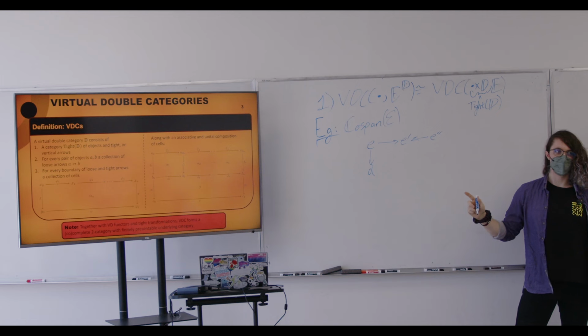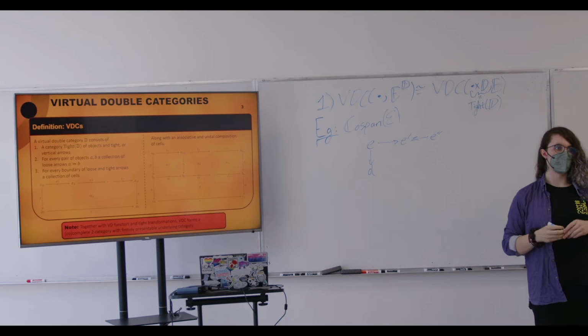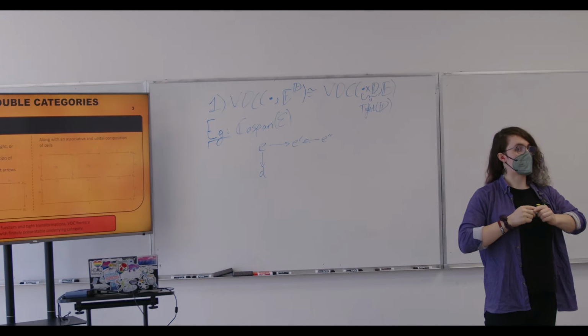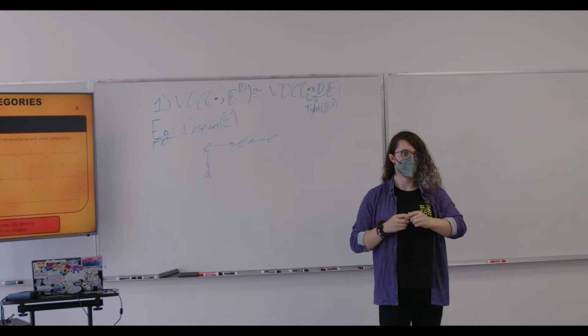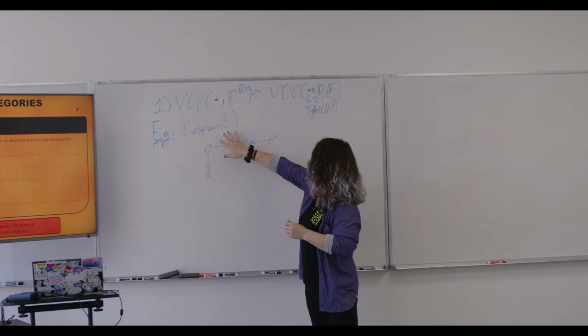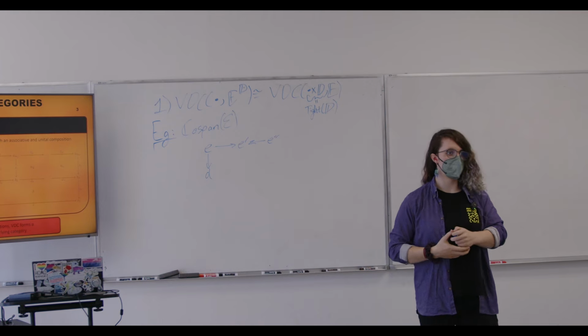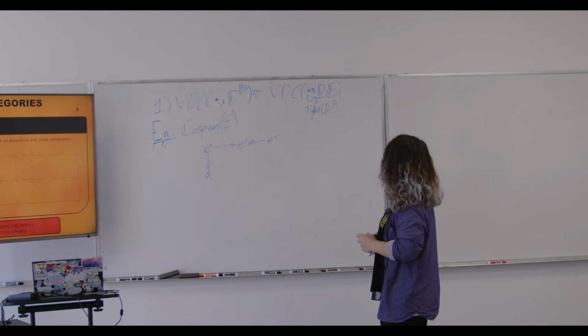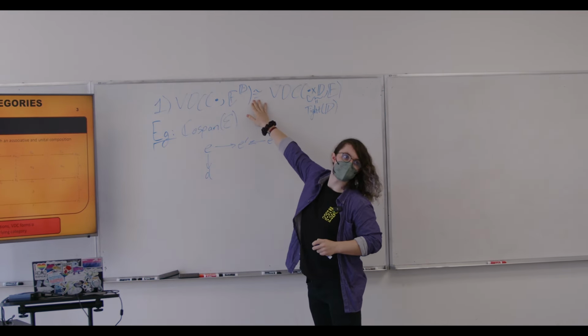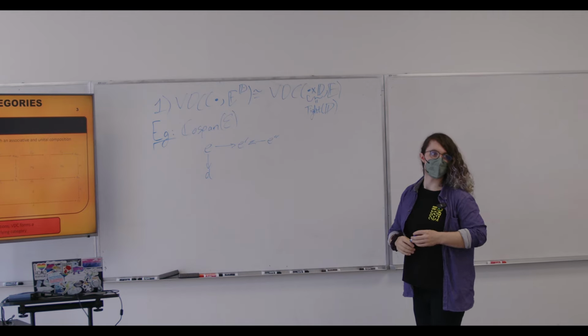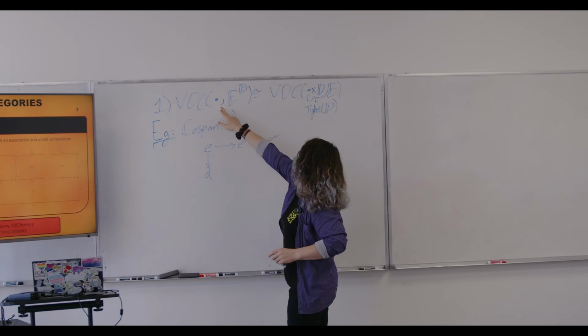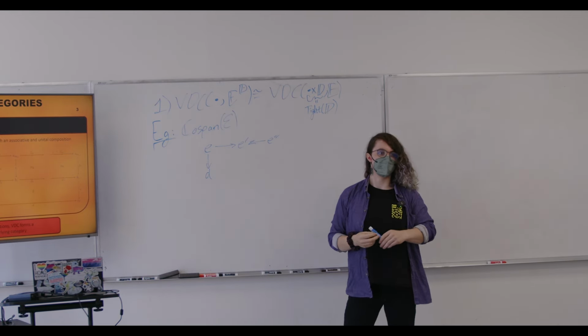A virtual double category need not have a loose identity for each object. Exactly, yeah, definitely. In this case, we will have loose identities, but in general we definitely won't. And this one has no loose identities. Exactly, yeah.